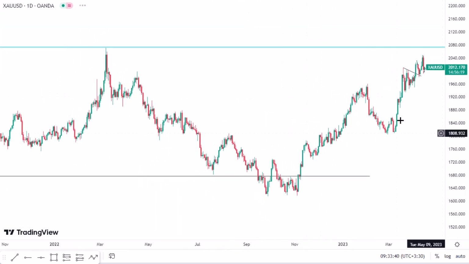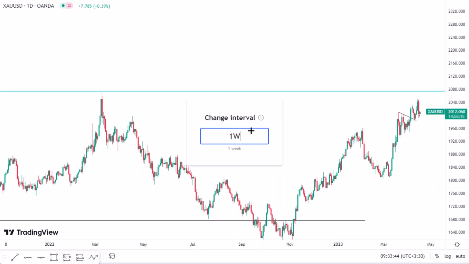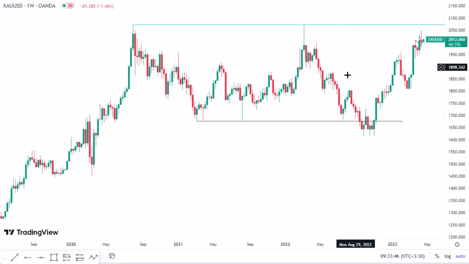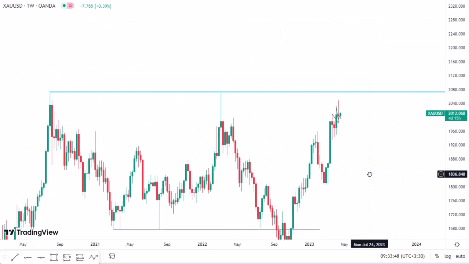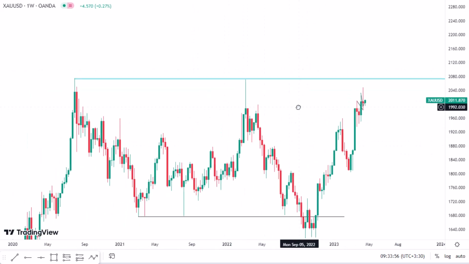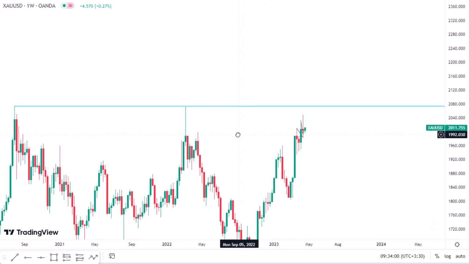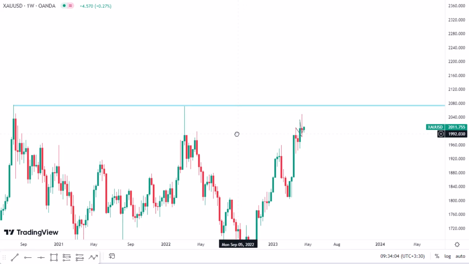We have this resistance in the weekly time frame. It is a really strong resistance for the gold price, and if we break this to the upside, the price will make a new high. With the news in the world like wars and such things, I believe gold is going to break this to the upside and make a new high.